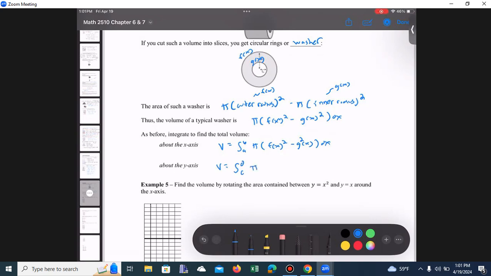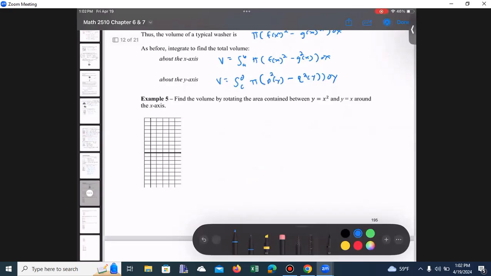I'll still have pi, but we're going to do p of y squared minus q of y squared. Basically, you just have to remember to make your function in terms of y. The outer one, the one that would be farther away from the origin, is the one that goes first. And so you subtract whatever's closest to the origin.